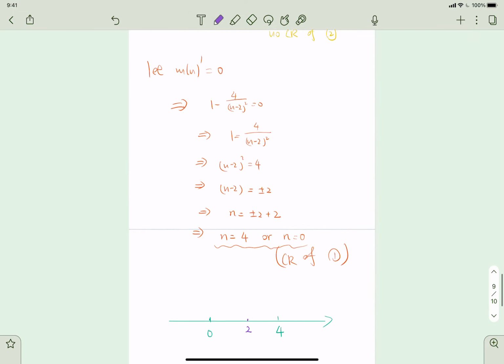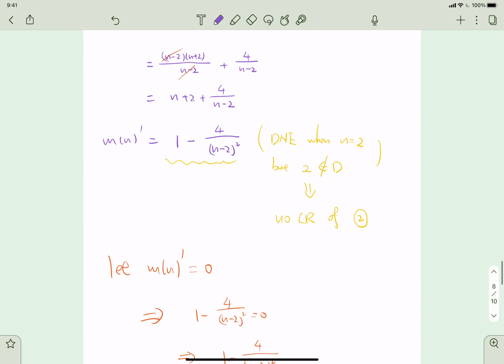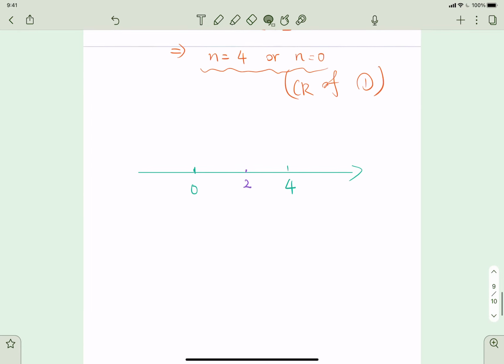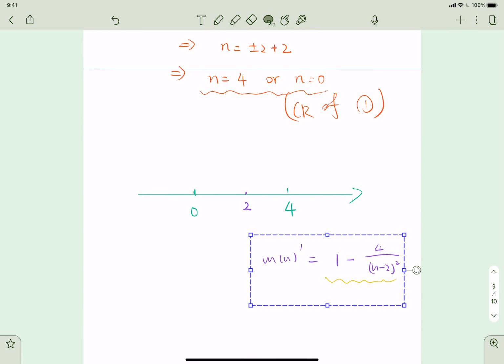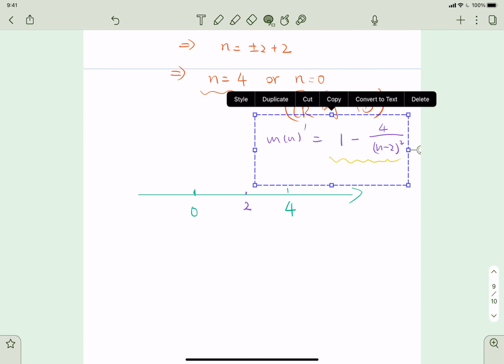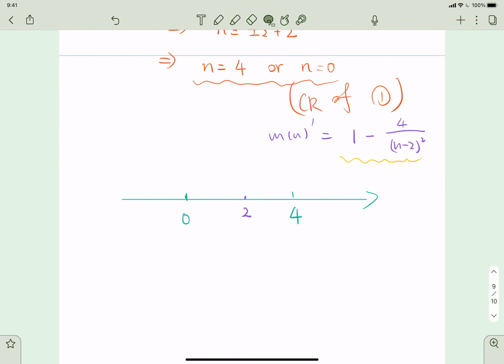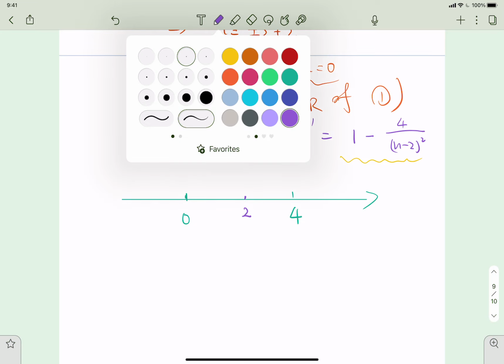And now we're going to figure out the sign of this derivative on each of the intervals created below. Okay, so for example, we can plug in maybe number -1, right?